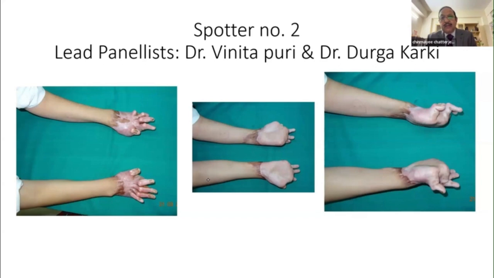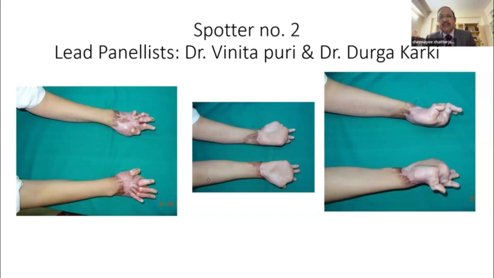How do you prevent the bowstringing of the extensor tendons while making the release after incision or excision, whatever?